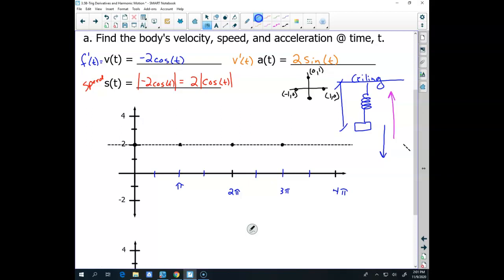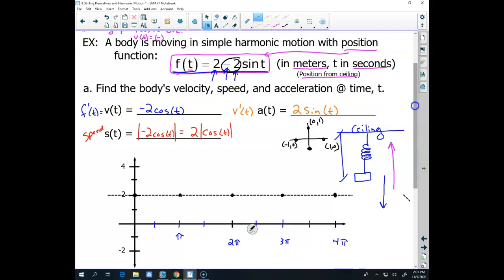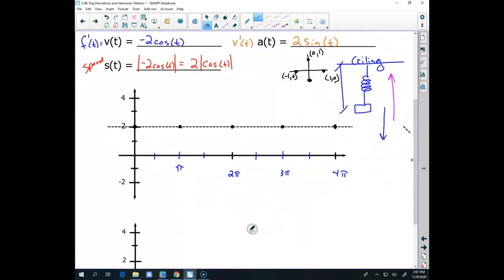Now, my amplitude was 2. But because this is a negative 2, I'm not going to start and go up to 4. I've got to start, and because it's reflected, I've got to go down, and then I'll go up, and then I come back to my 0, then I come back down, and then I come back up to the top. I can't do this very well, and I'm going to try to make this sine as best I can.